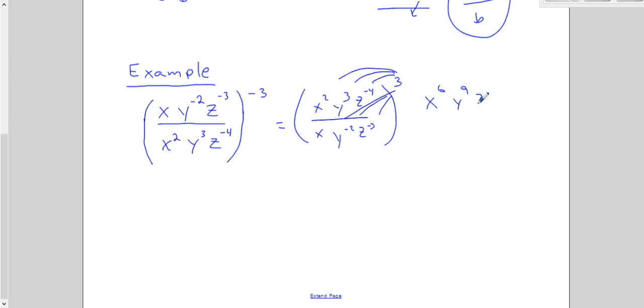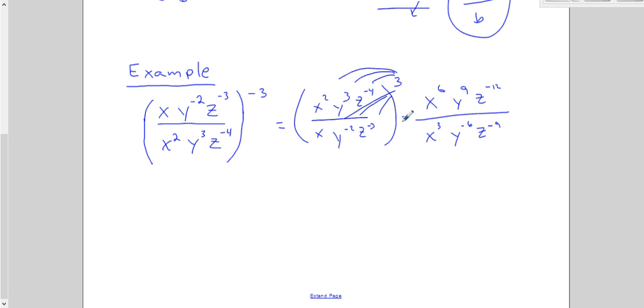And z, that's a negative 4 times a 3 to get negative 12. On the bottom, I have x to the first. This 3 is going to give me x to the third. I have y to the negative 2. Negative 2 times 3 is negative 6. And this z to the negative 3, the negative 3 times the positive 3 is negative 9.